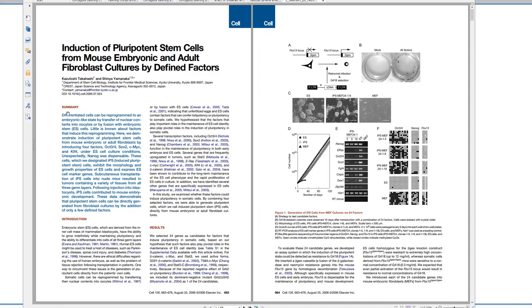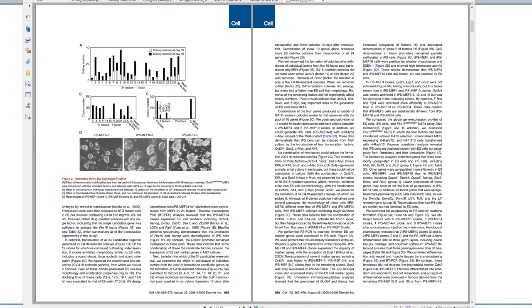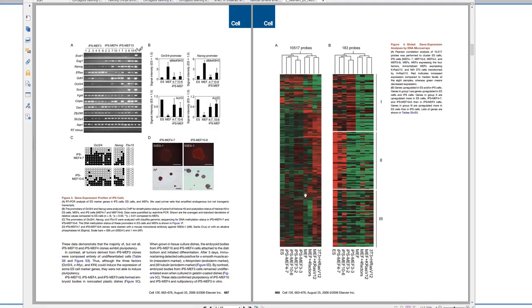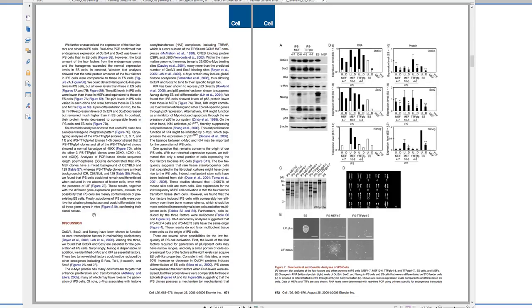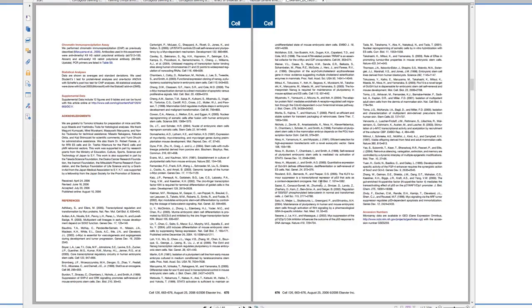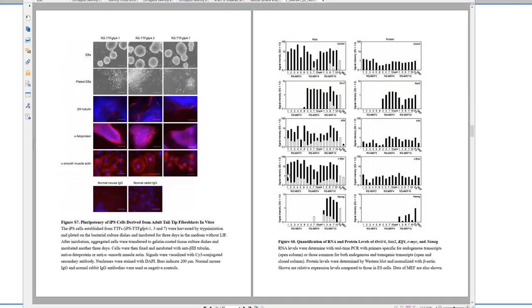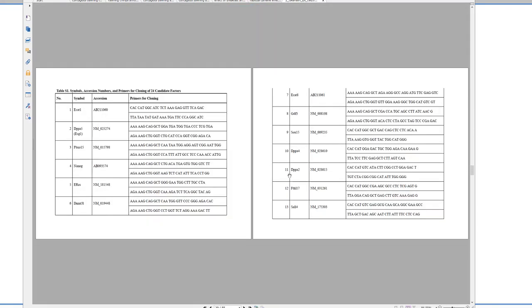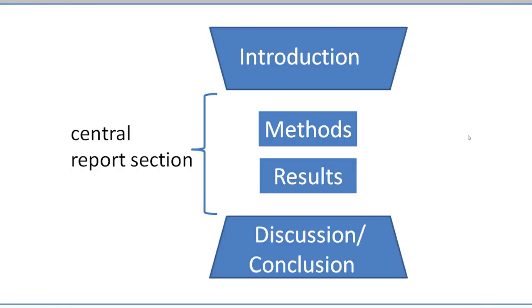But here's the, instead of abstract, they say summary, introduction, results. Here's the discussion. And then method, here they call it experimental procedures. This is the method. And then here's the references. And after that is just diagrams and things. Okay, and that's it.